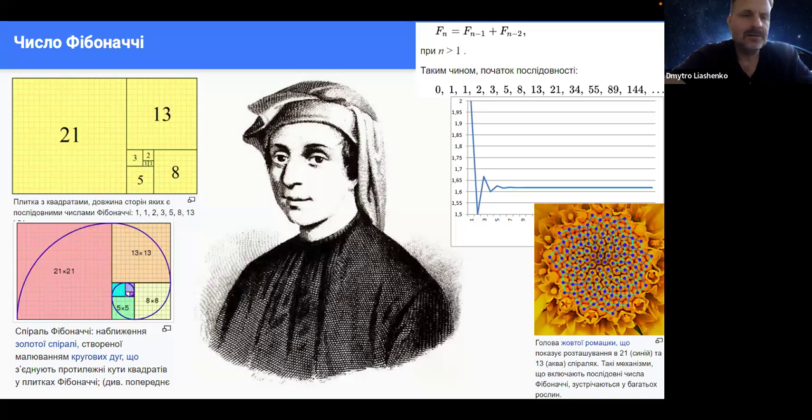Italian mathematician Fibonacci tried to use this ratio and worked out the sequence of numbers.